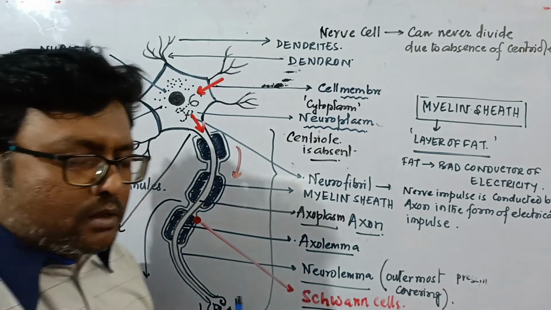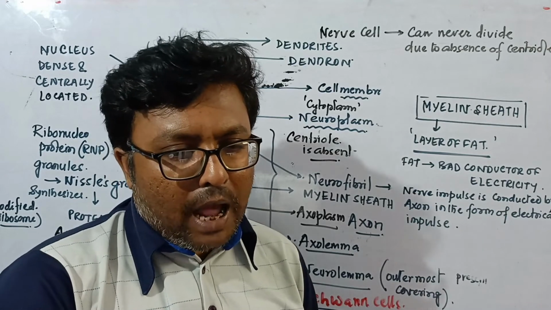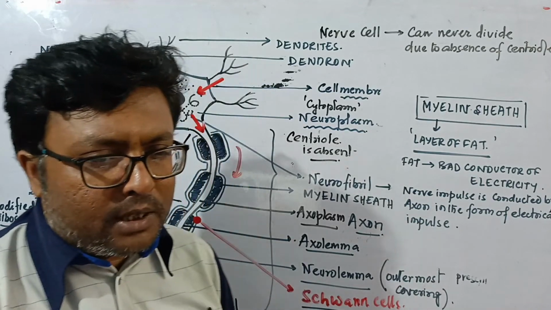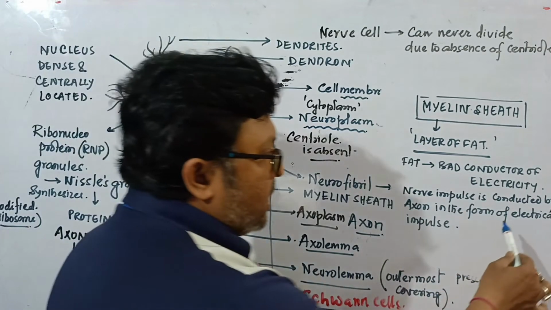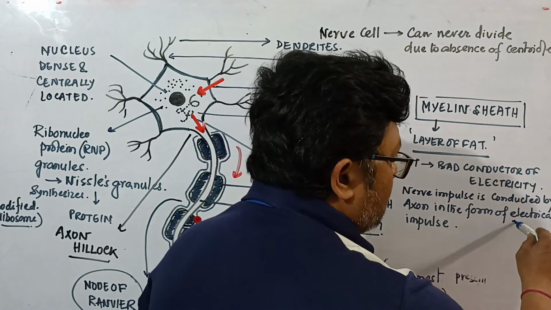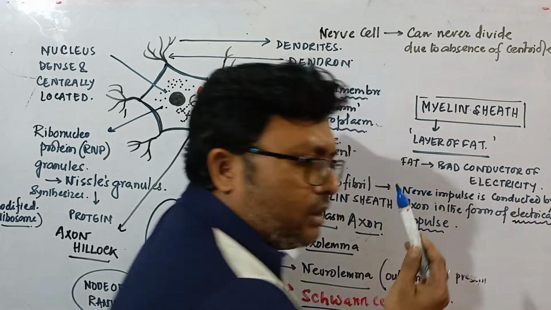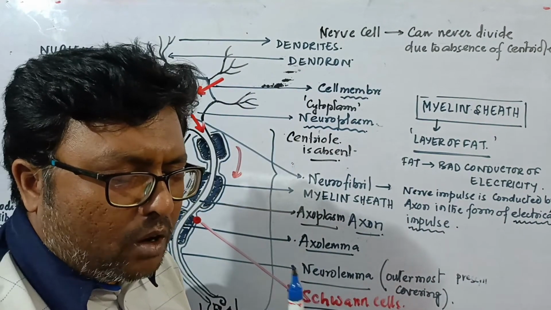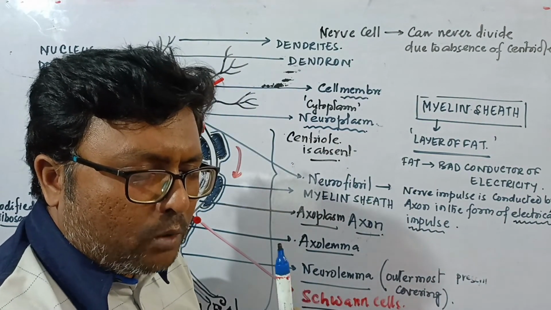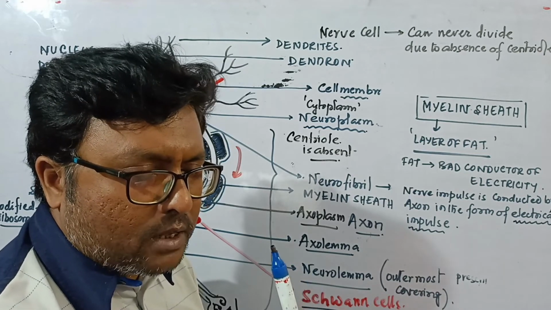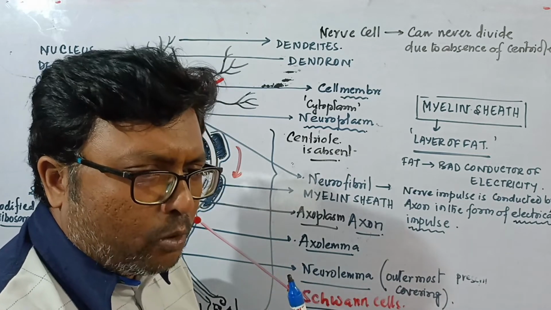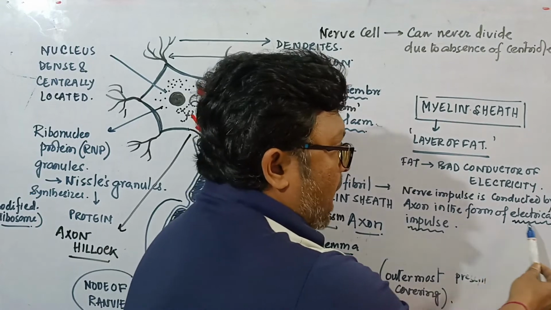Nerve impulse conduction happens through this axon, and how is this nerve impulse generally carried? It is generally carried in the form of electrical impulse. We'll discuss how it is conducted later on, I'll come to that later, but for now just know that it is generally carried in the form of electrical impulse.